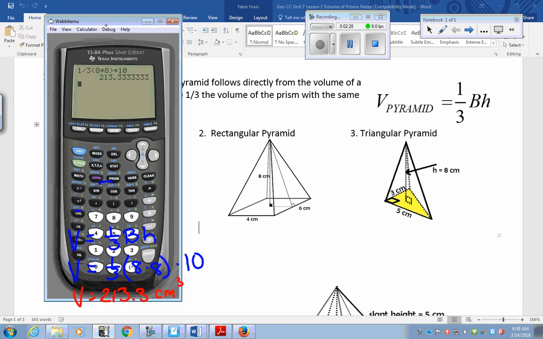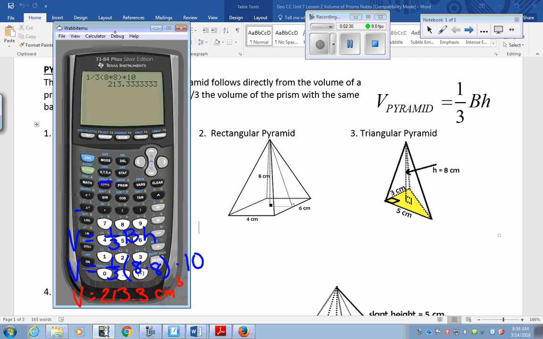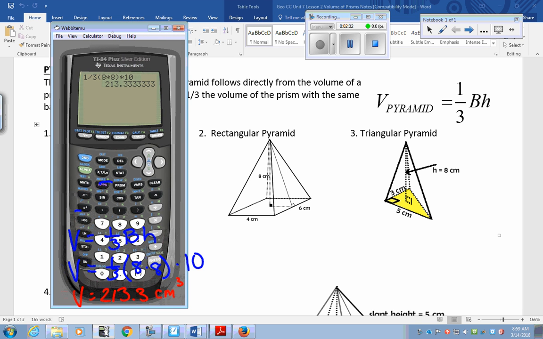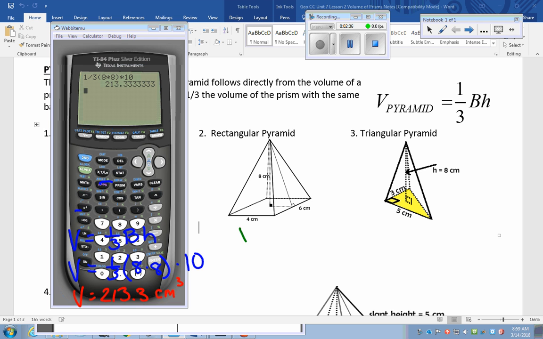Moving over to the second one, pretty much the same thing we just did, except it's a rectangle, so we're going to use the same base formula. But again, you want to include that 1/3. And I have all the information I need. My base figure has measurements of 4 and 6, and then the height is 8.